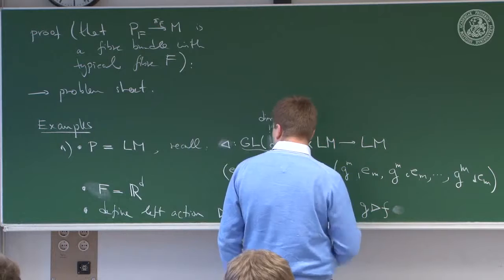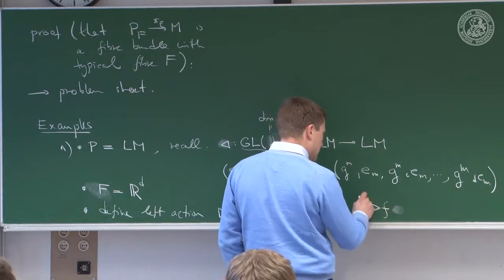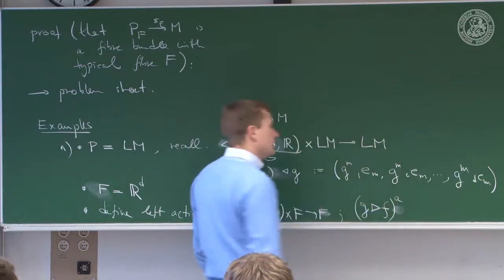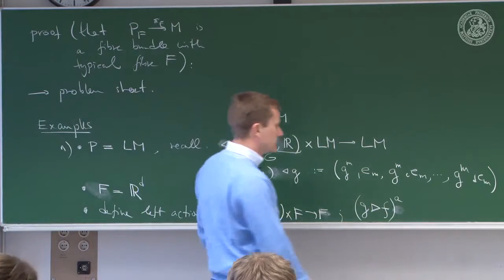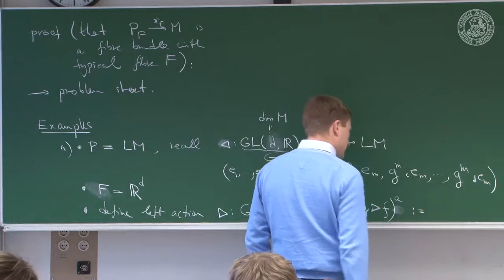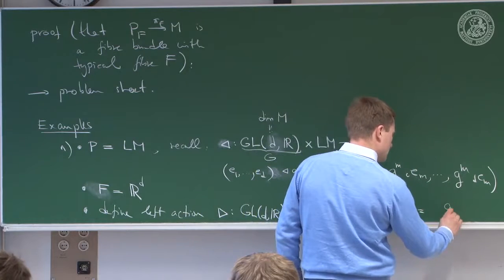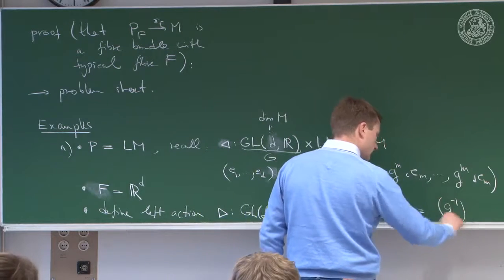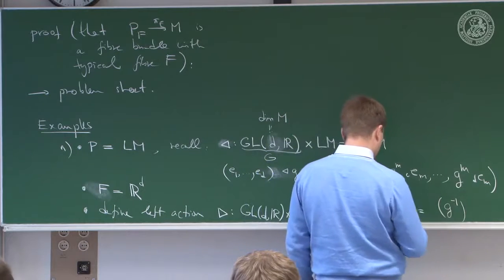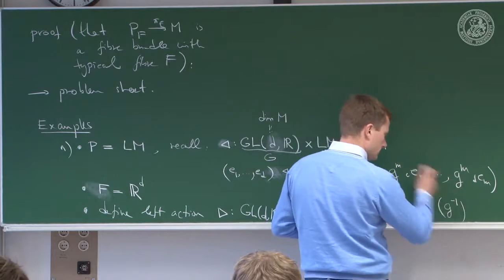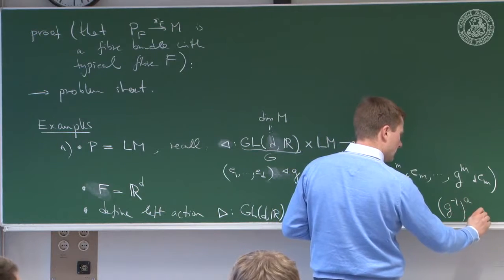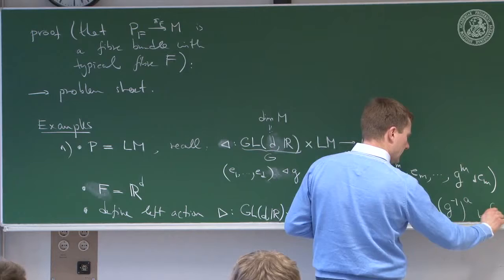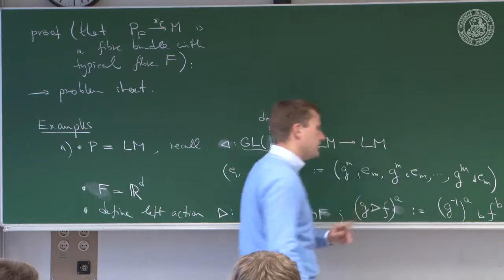The result will again lie in F, but F is an R^D, so I can write down the A-th component, A running from 1 to D, and I define this as g inverse, the inverse GL transformation with components A, B, acting on f^B.